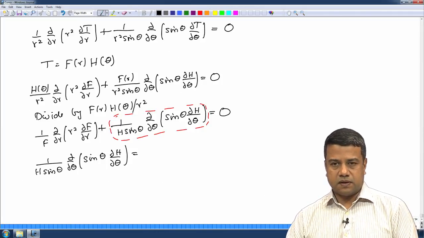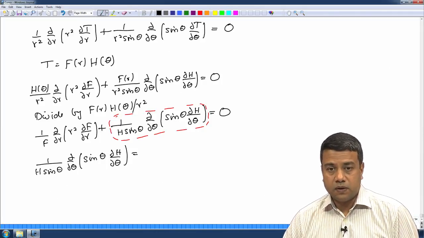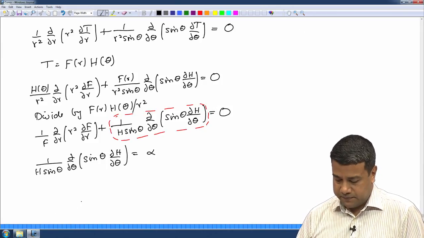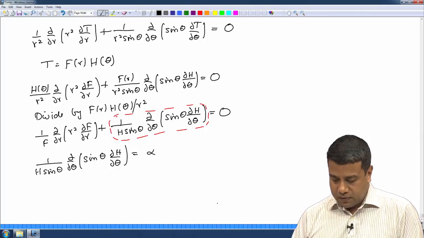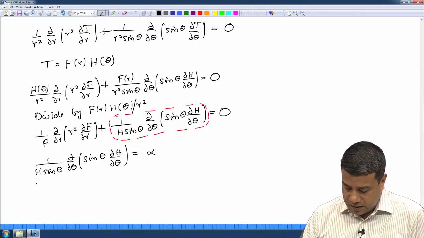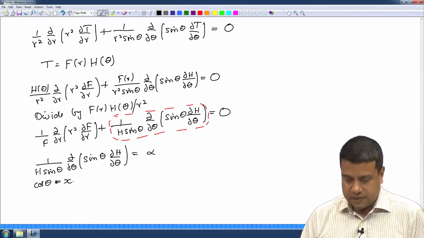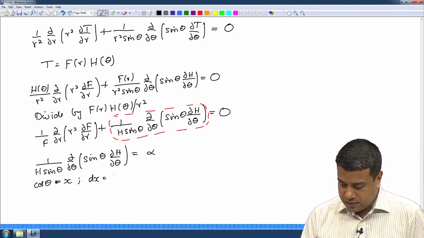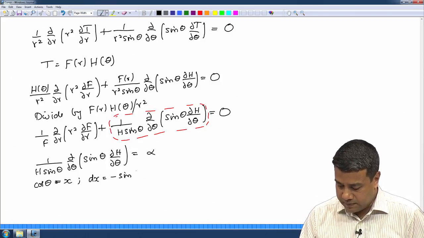What should that constant be? We do not know that yet, but let me just call it some constant alpha. Now, the way to simplify this equation is to write cos theta is equal to some coordinate x, which means that dx is equal to minus sin theta d theta.